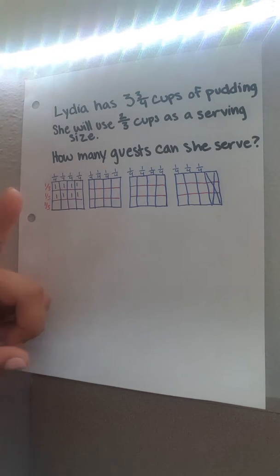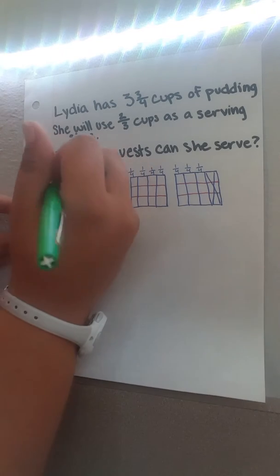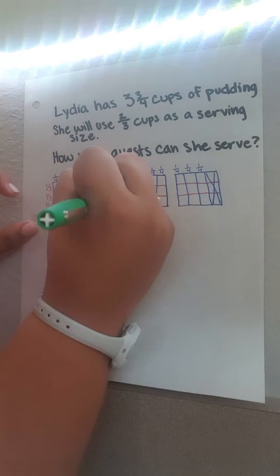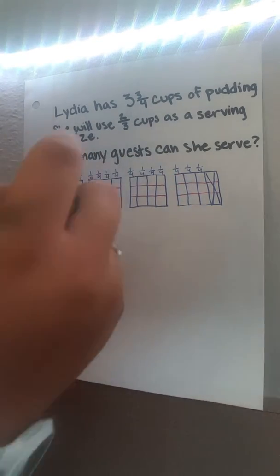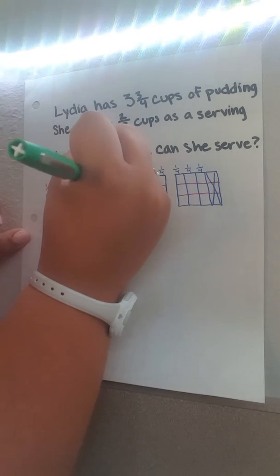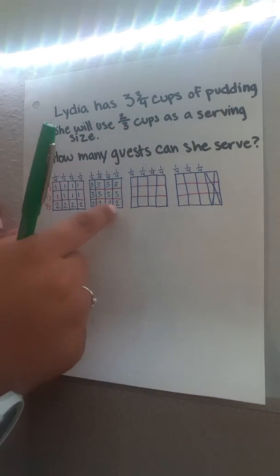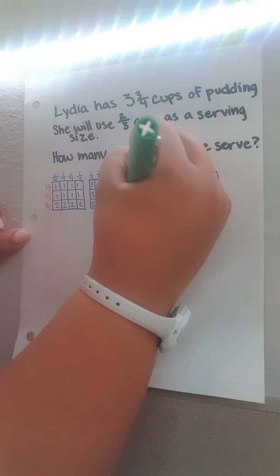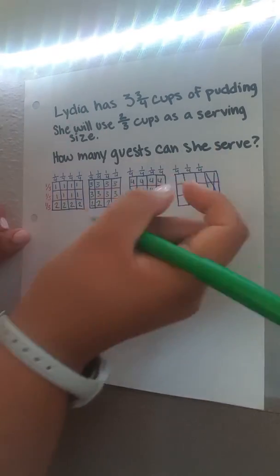So person 1 will get this first portion of 2/3. And I'm going to say that person 2 will get this portion. I'm going to do that for all the people that are going to get portions. So all the guests that she can serve are going to have a different number. So 1, 2, 3 people can eat so far. Another person can eat.